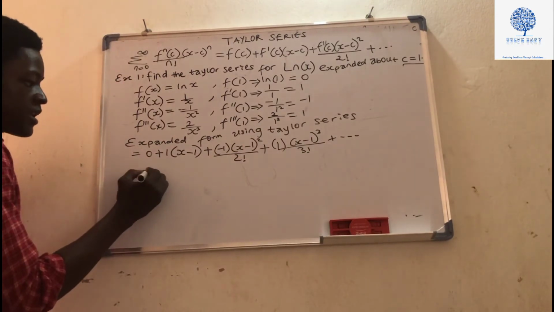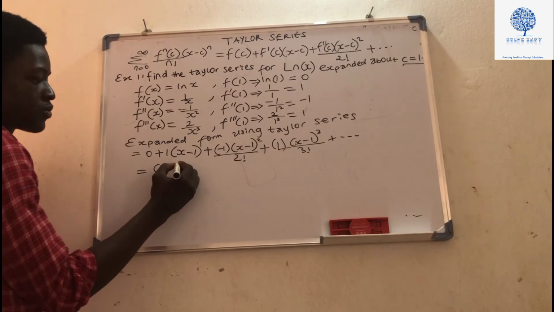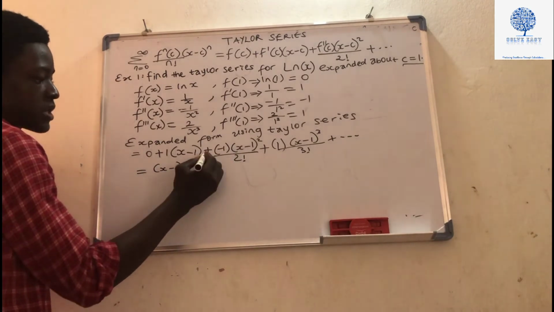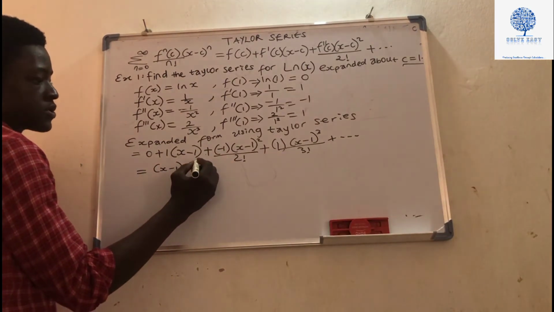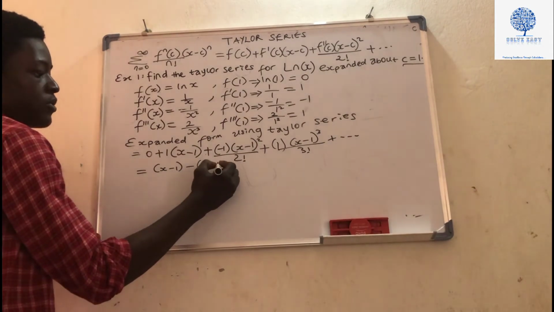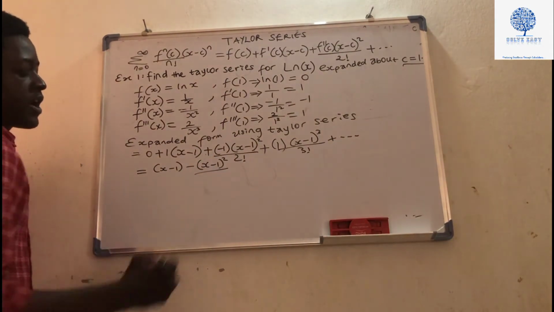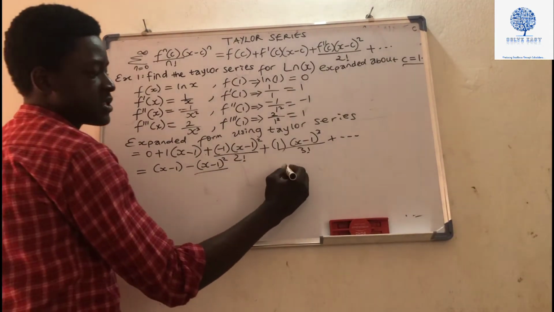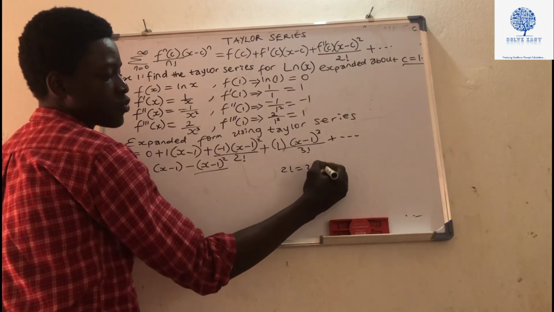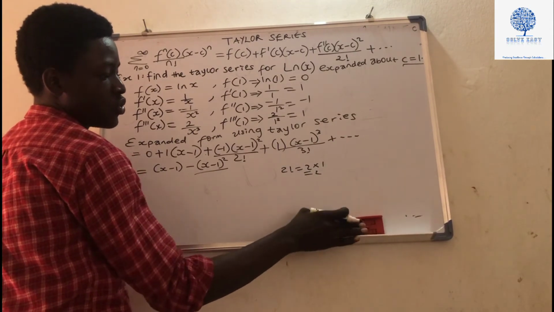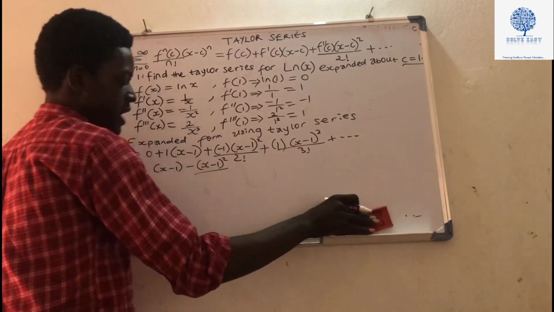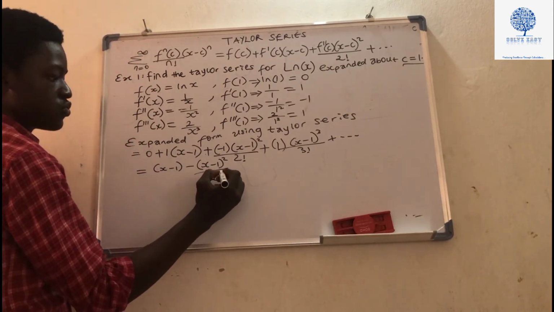Now we could simplify this further to give us x minus 1. Minus 1 times plus gives us minus x minus 1 to the power of 2 divided by 2 factorial, which is equal to 2 times 1, and this still gives us 2. So we could rewrite this as divided by 2.